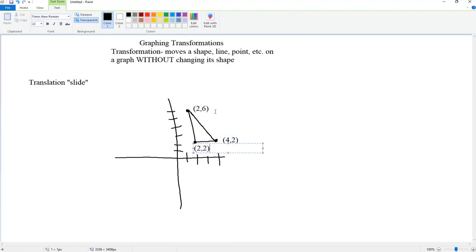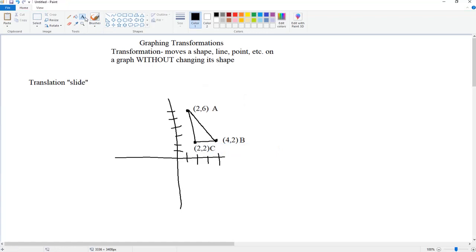I'm going to name this one A, this one B, and this one C. There's no reason why I named them these; I just chose A, B, and C. It doesn't make a difference. The main reason I'm doing it is because I want there to be no confusion when I am talking about point A, point B, point C.